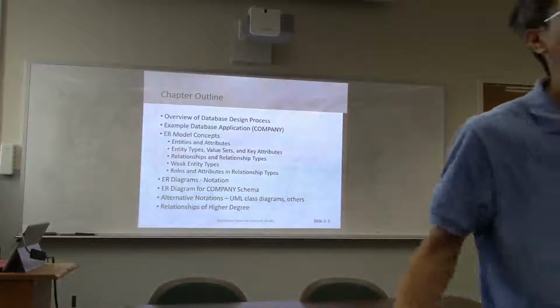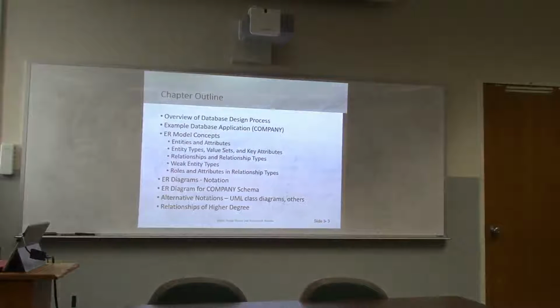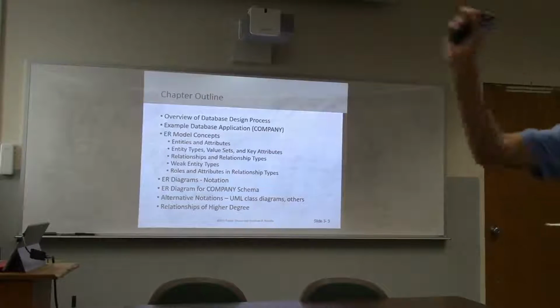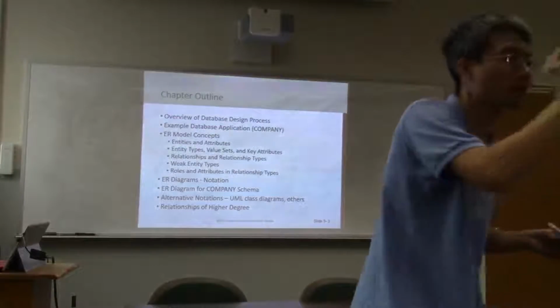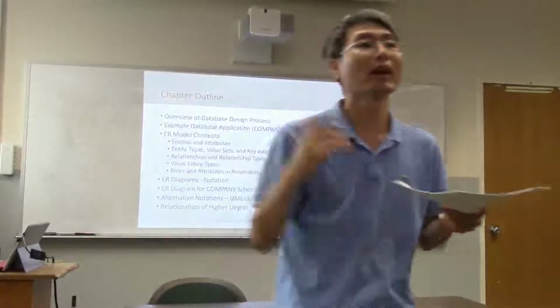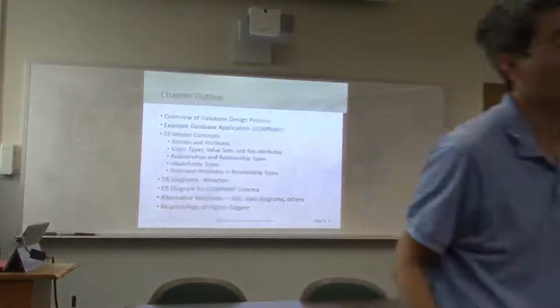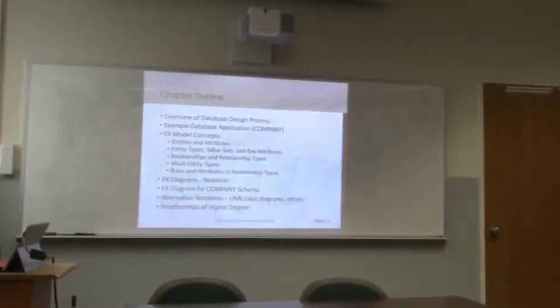By looking at all the files, you should be able to find that this is the HR department, this is the payroll department, this is another department, and this is the department entity type. That is the first thing that we are going to do.